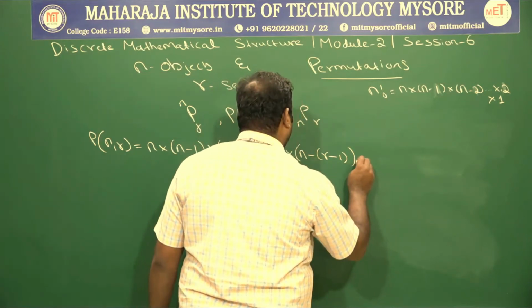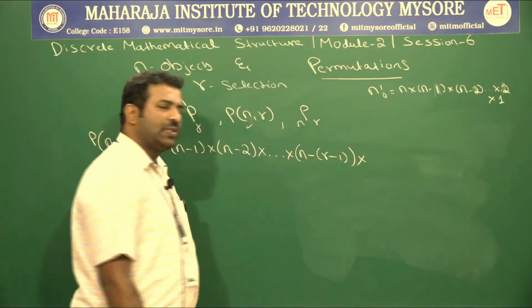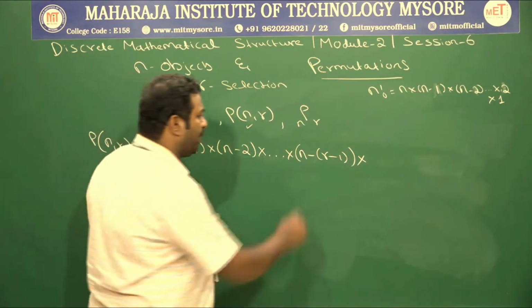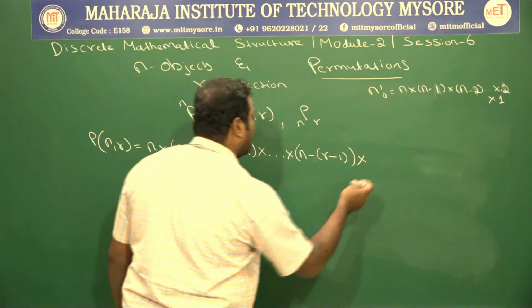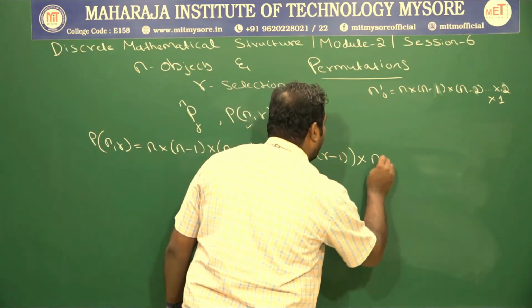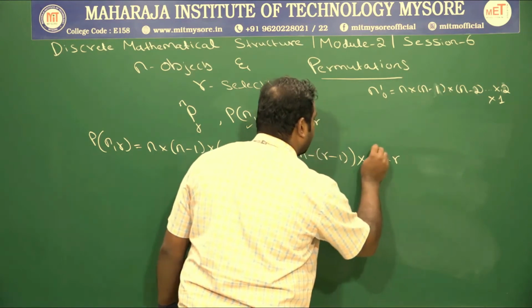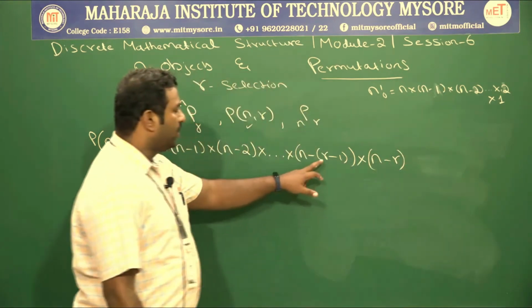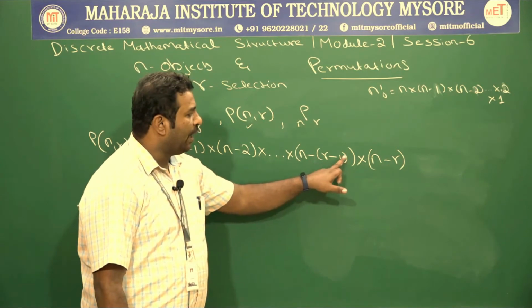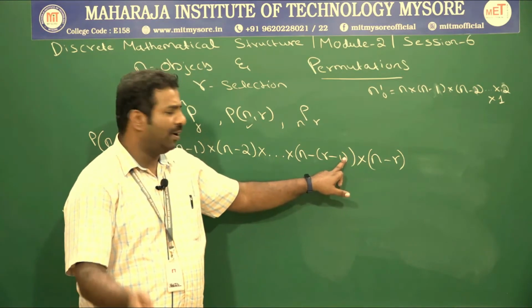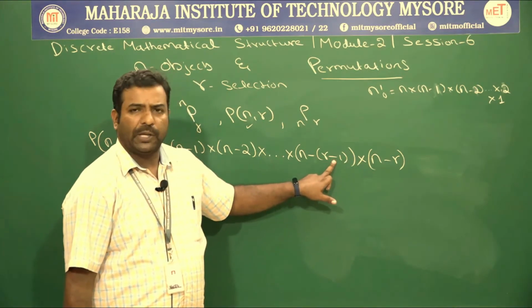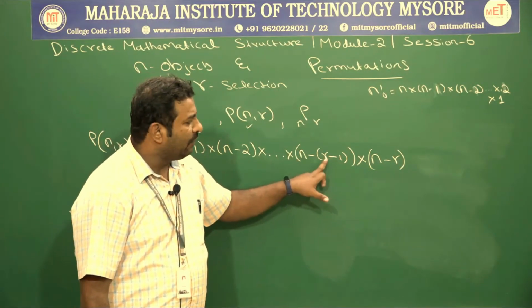So if I go further, what's the next element I'm going to get? The next element after this is going to be n minus r. That is the next element, because this is r minus 1, and if I increment r by 1, minus 1 and plus 1 will get cancelled. I remain with r.